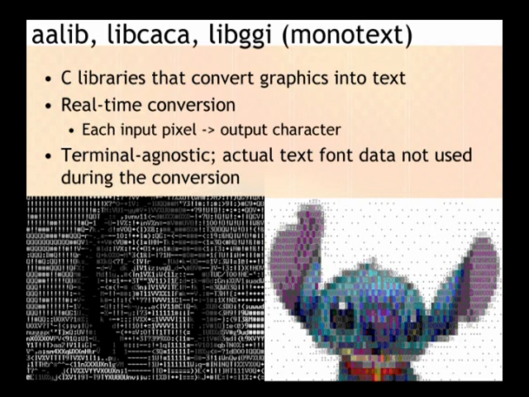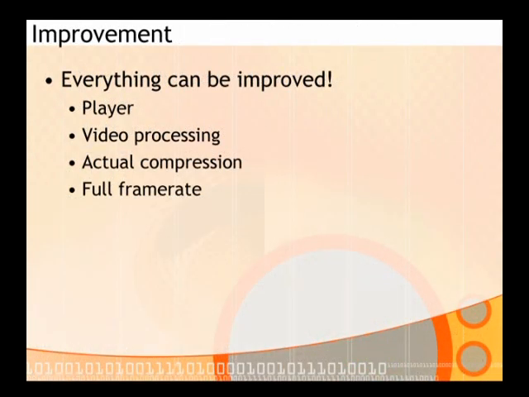Why you would want to do that, I don't know. And they don't produce as good a job because they're terminal agnostic, meaning they don't have access to the actual text data, the font data that they're using. So they have to come up with a generic table of what might look good in grayscale, which is the AAlib example on the left, or the same thing in color, which is a libcaca example, actually.